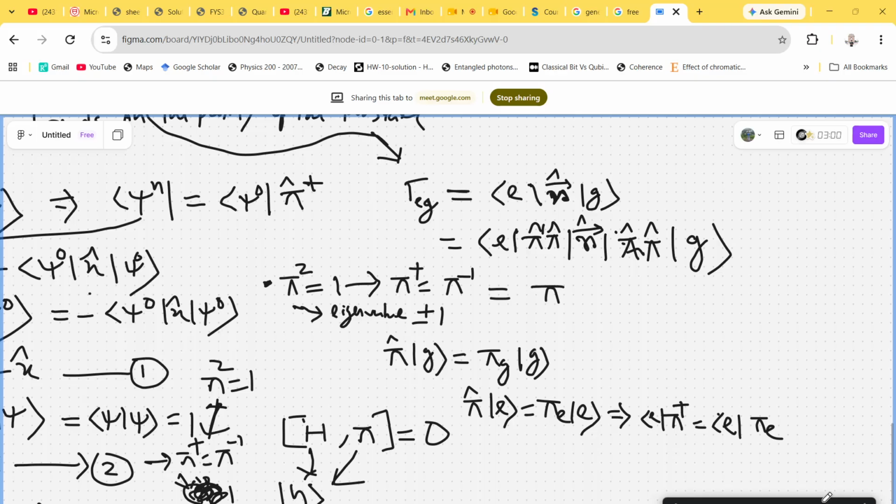Pi e and pi g will come out. Again, I am telling you can write this pi dagger pi also, doesn't matter. Pi e pi g comes out.